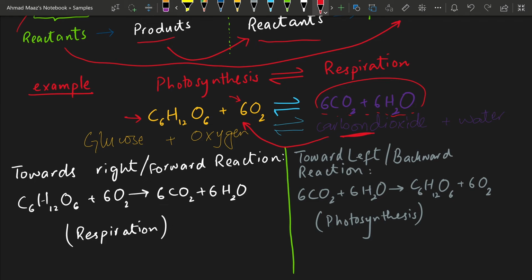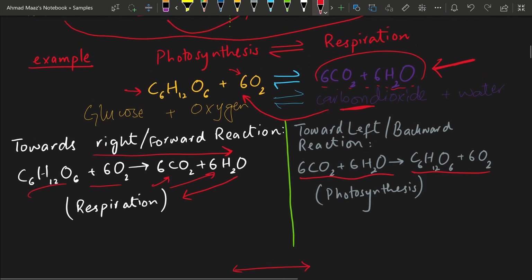Now this reaction towards the right, or in the forward direction, is the reaction of respiration. Glucose burns to form carbon dioxide and water. This is the equation for respiration, whereas in photosynthesis, carbon dioxide and water react together to form glucose and they release oxygen gas. So this equation works in both ways, in forward direction and in backward direction. Such reactions are reversible reactions.